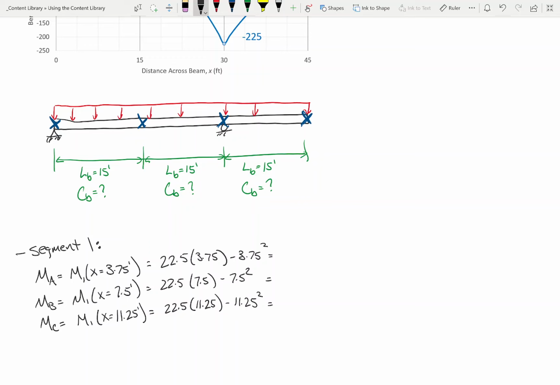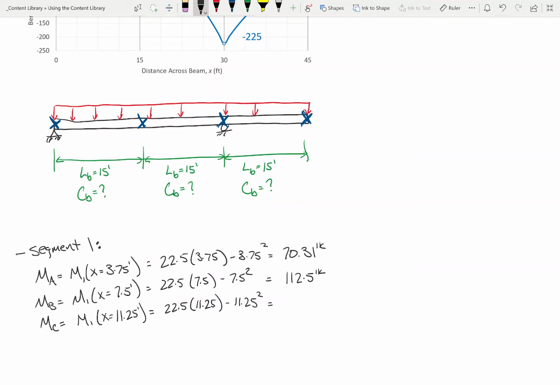So just help me out with the first one. What do you get for this first one? 70.3125. 70.31, we'll say. We'll just cut it off at 2 because that'll be fine for this. But is anybody else getting that? For the second one, would you agree with me on this? 112.5, is that okay?